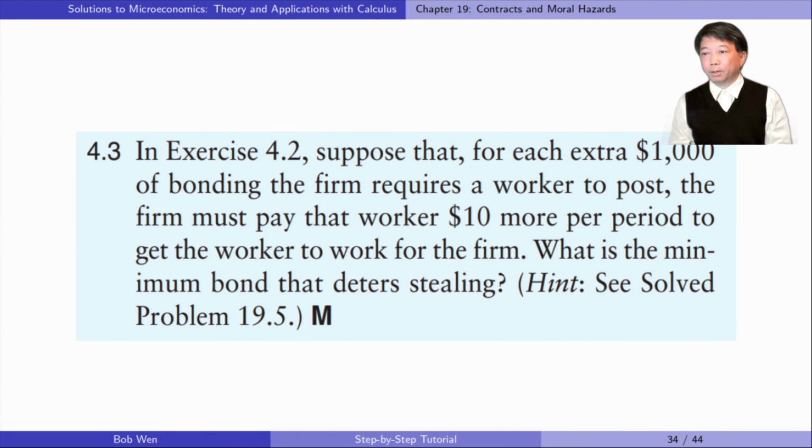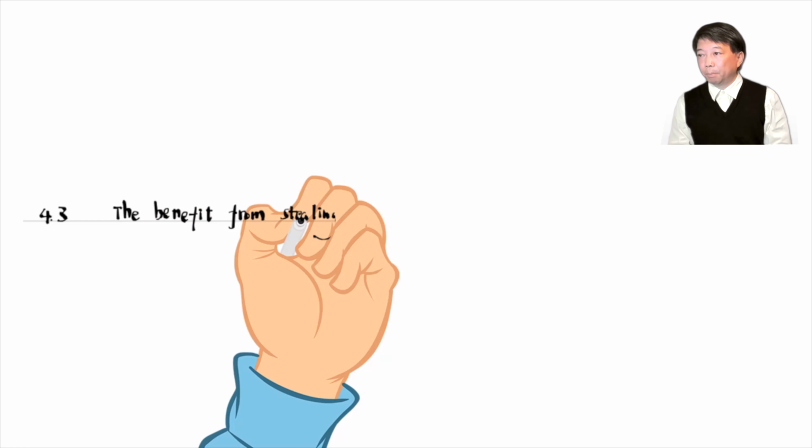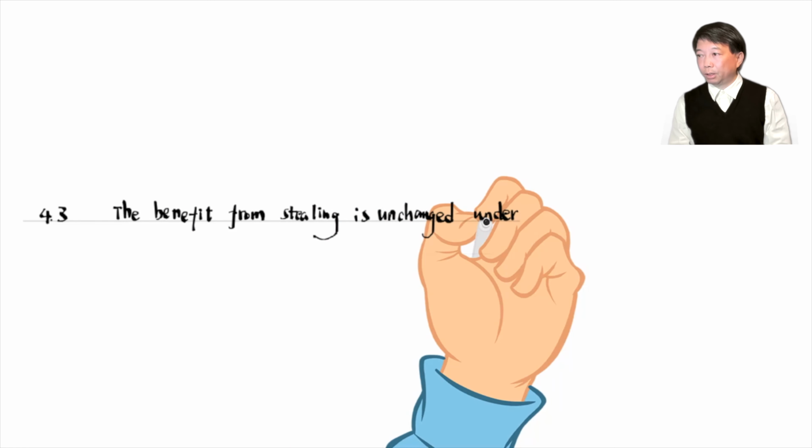Let's answer exercise 4.3. In exercise 4.2, suppose that for each extra $1,000 of bonding the firm requires a worker to post, the firm must pay the worker $10 more per period to get the workers to work for the firm. What is the minimum bond that deters stealing? The benefit from stealing is unchanged under the new arrangement, but the expected loss of stealing increases.